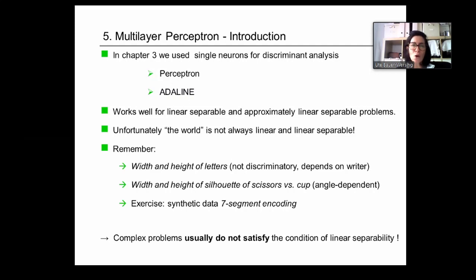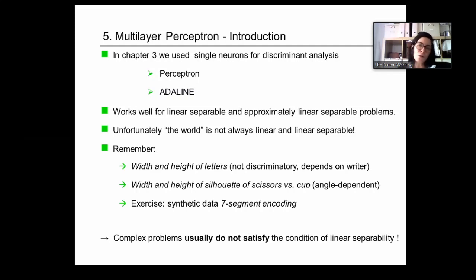And the learning approach in both models is different, as you remember. Both models work well for linearly separable data. The perceptron only works for linearly separable data and approximately linearly separable data, so data that has a more or less linear decision boundary. Unfortunately, as you can imagine, many problems that we are trying to solve with machine learning are not linearly separable at all, not even close to being linearly separable.